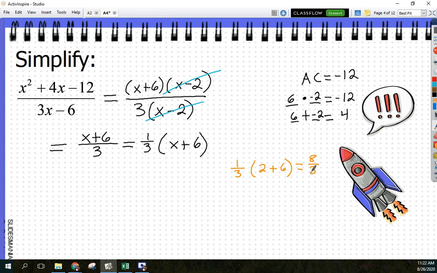However, if I were to plug in 2 into that beginning fraction, we would have 2 squared gives us 4, plus 4 times 2 gives us 8, minus 12 gives us 0.